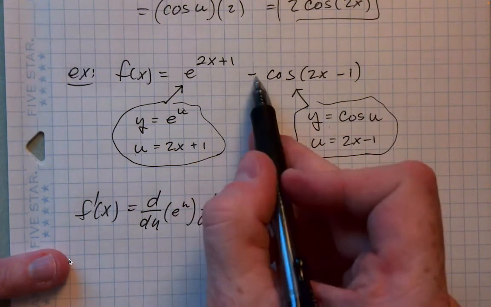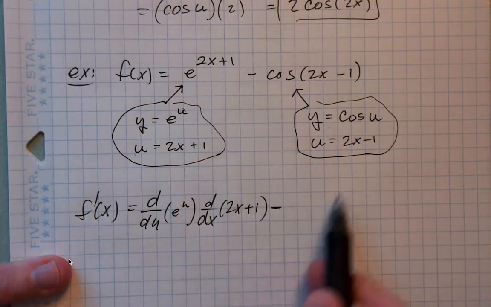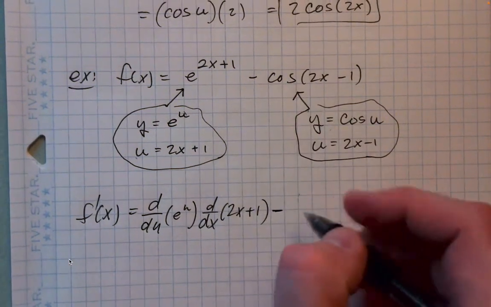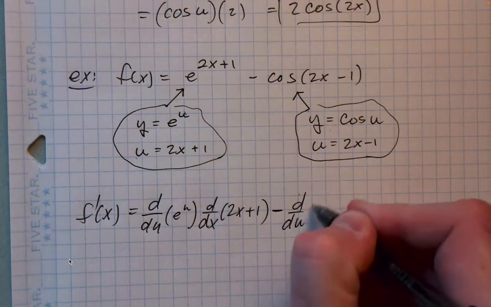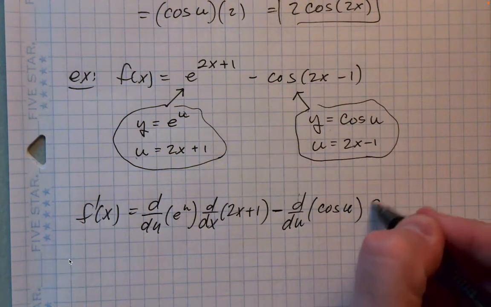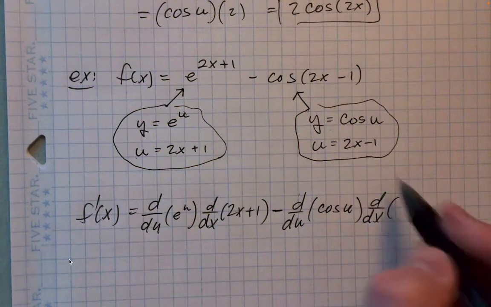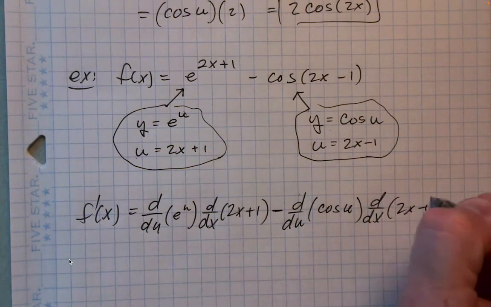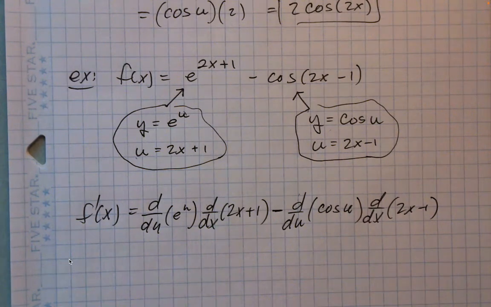Okay, and then minus, and then we have to do the chain rule over here, but on this structure, so it'll be d/du of cosine of u times d/dx of the u function, which is 2x minus 1. All right, not a problem.